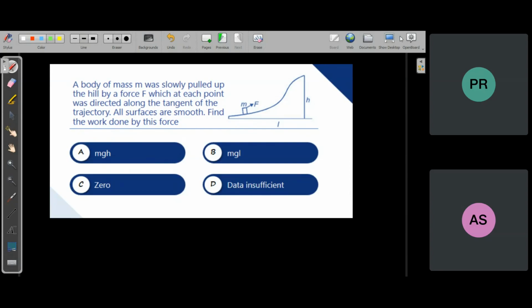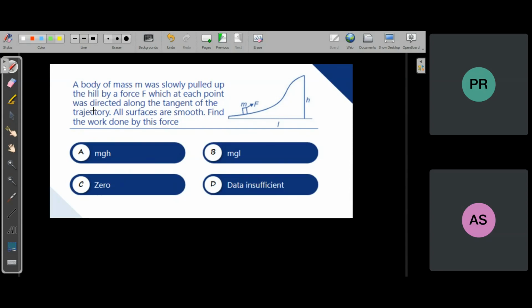Sir, is there any special meaning for that? The force at each point is directed towards the tangent of the trajectory. It means it is along the tangent all the time.